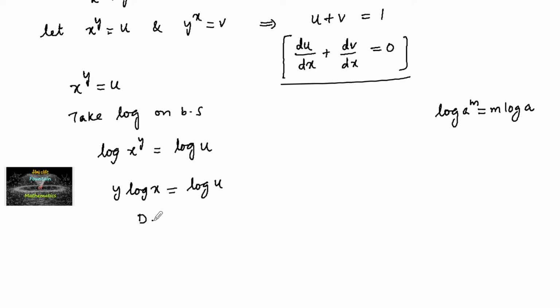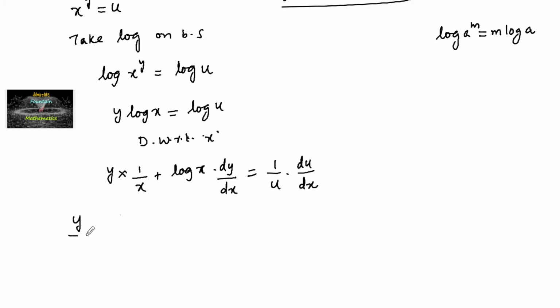Now differentiate with respect to x. We have y into the differentiation of log x, which is 1 upon x, plus log x into the differentiation of y, which is dy by dx, is equal to log u, whose differentiation comes as 1 upon u du by dx.